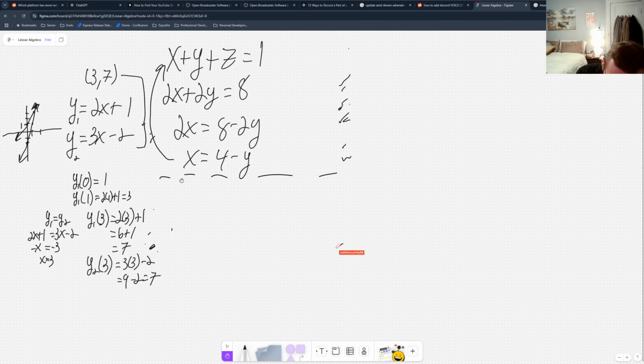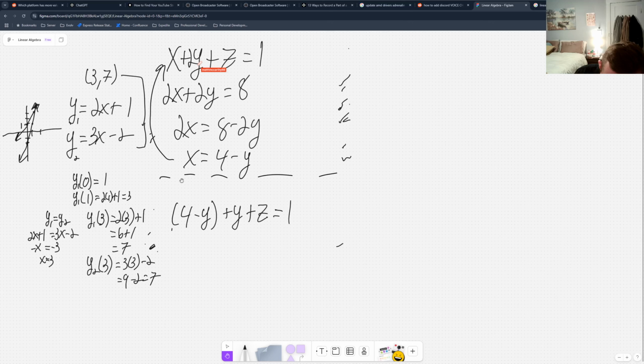And we end up getting 4 minus y, that was our value x here, right? Plus y plus z equals 1. And in this case, it does work out. But let's just say I made this 2y, just because I'm trying to be illustrative here.